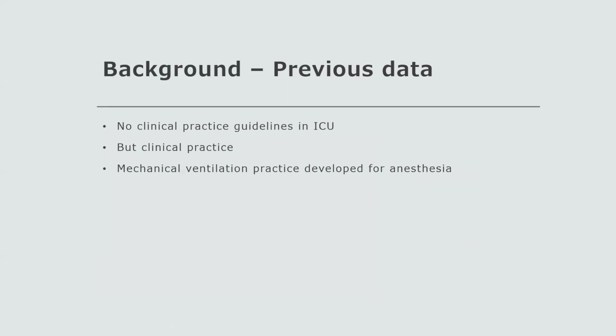But what's the problem with this high inspired fraction of oxygen in patients with mechanical ventilation? There are no clinical practice guidelines in the ICU, with a few exceptions, but there are no really broad guidelines. But there is clinical practice. But this clinical practice was not developed in ICU patients.